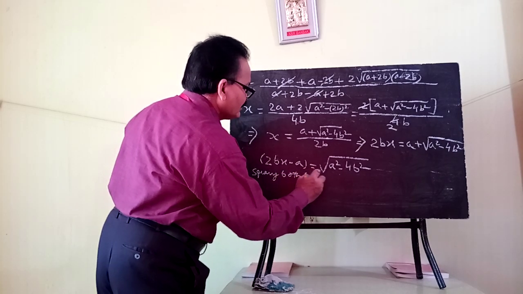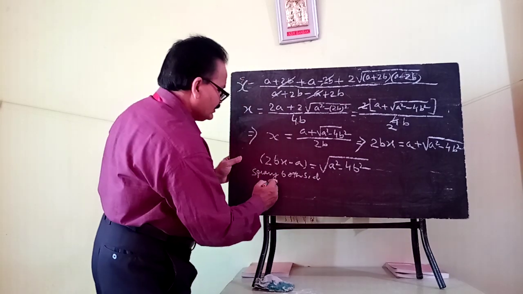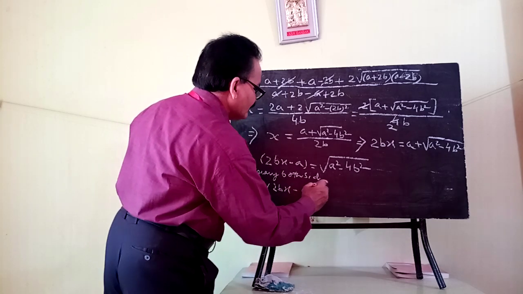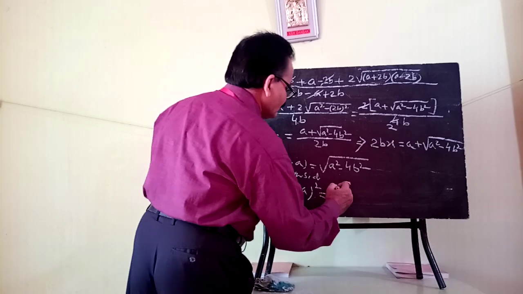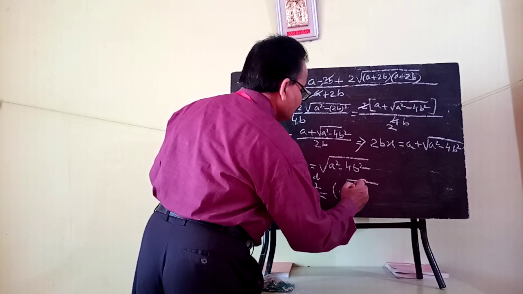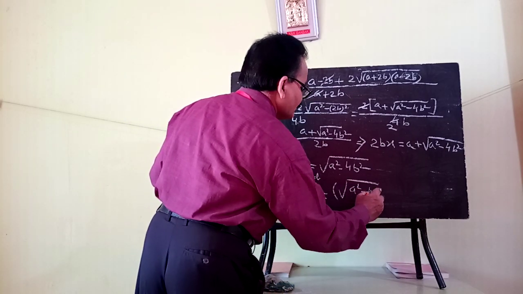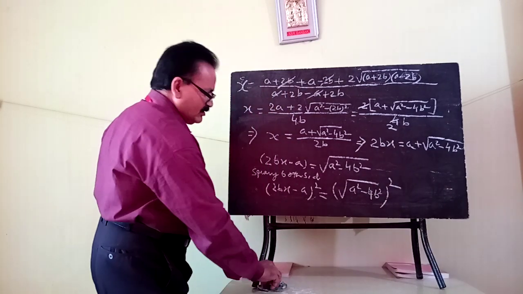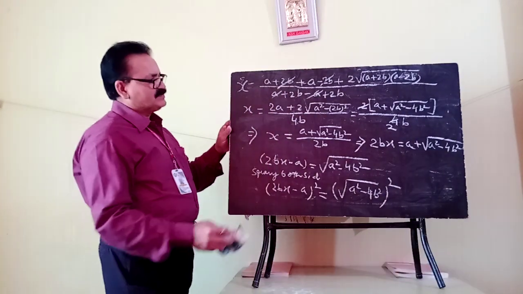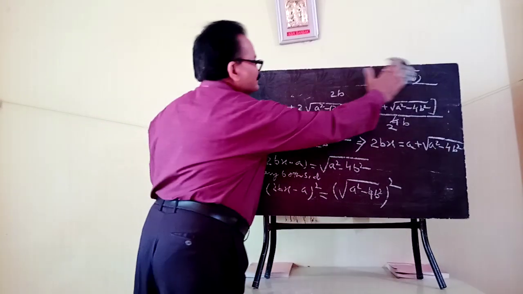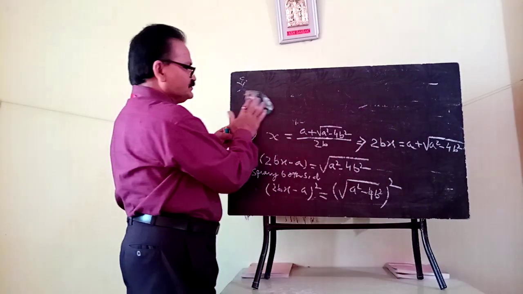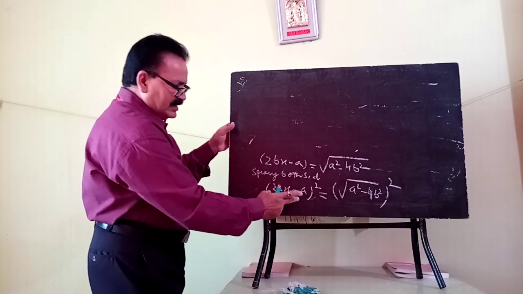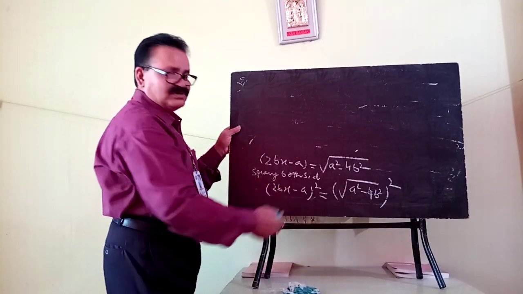Why will we square both sides? To remove the square root. That is your (2bx minus a) whole square equal to (square root of a square minus 4b square) whole square. Okay. Now for space I have to remove it from the board. What will happen? Now you apply (a minus b) whole square.